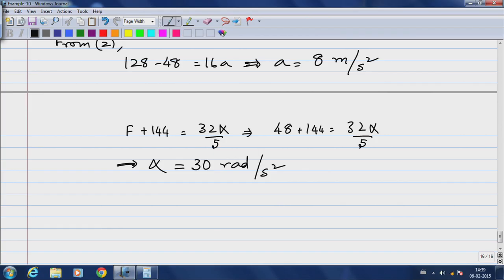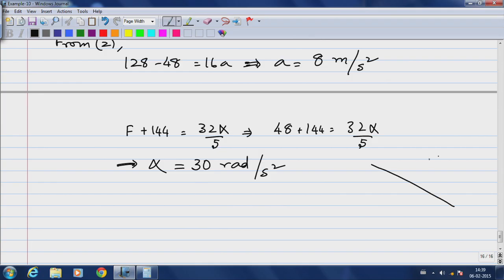So, notice how if A equal to R alpha and A equal to 8 meters per second squared, it would be moving with an angular acceleration also equal to 8 radians per second squared. But for this particular case alpha is 30 radians per second squared, which means it is slipping, and so the cylinder is spinning faster than the no slip condition would allow.